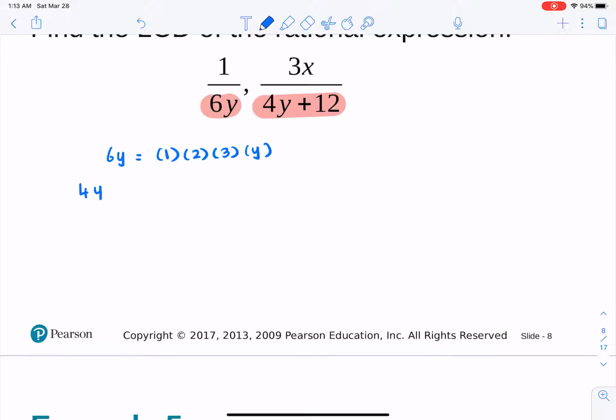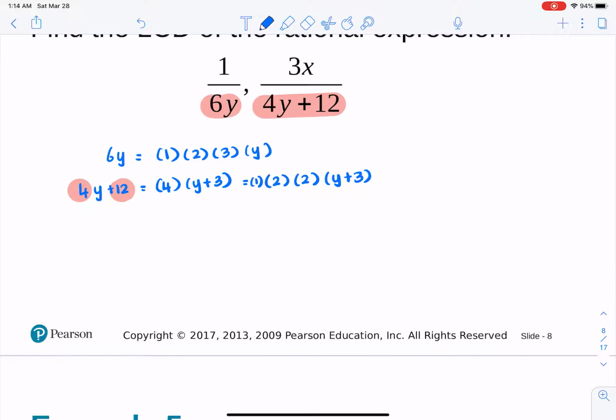We could write 4y plus 12 as 4 times y plus 3, because 4 is in common between 4 and 12. And I could rewrite 4 as 2 times 2 and times y plus 3.